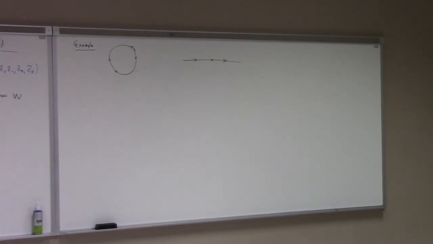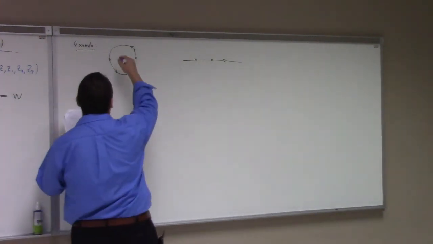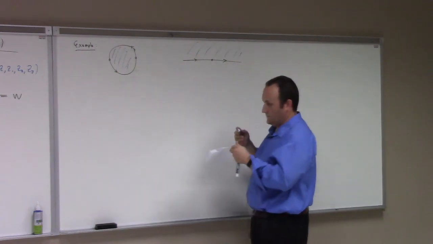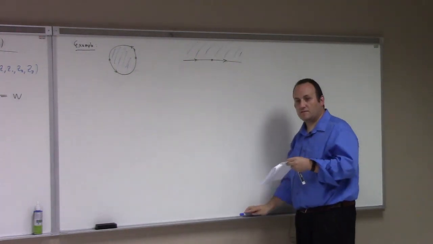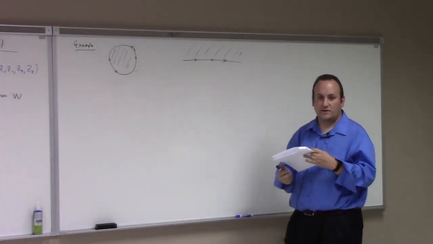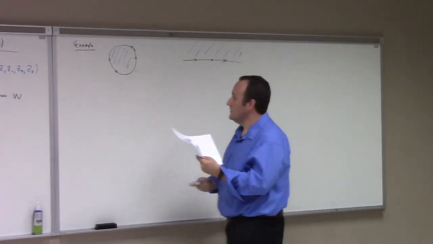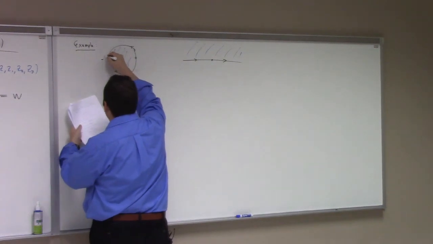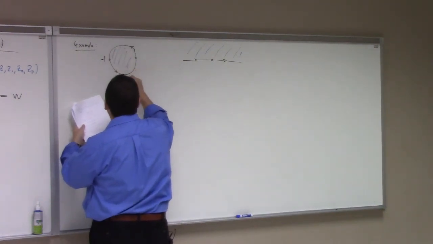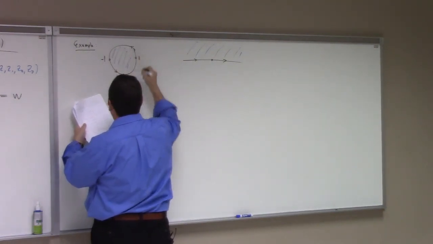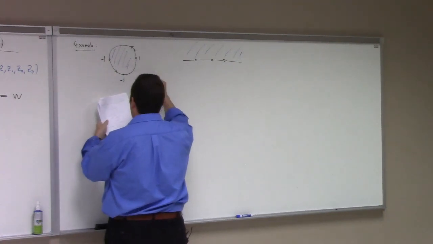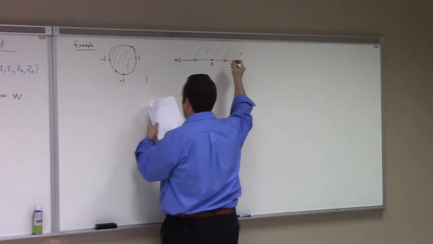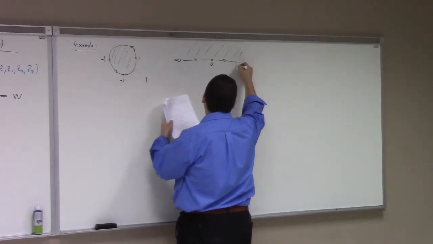And I need to choose 3 points on the edge of each in order to fix the particular fractional linear transformation I want. So what I chose to do is -1, -i, and 1. Those are my points. And I'm going to map them to infinity, 0, and 1.